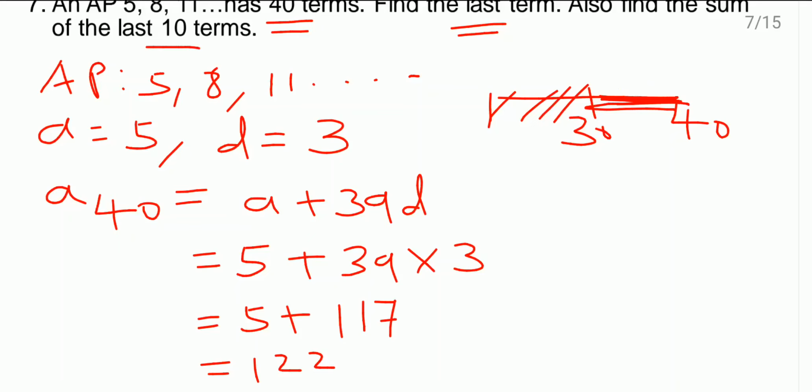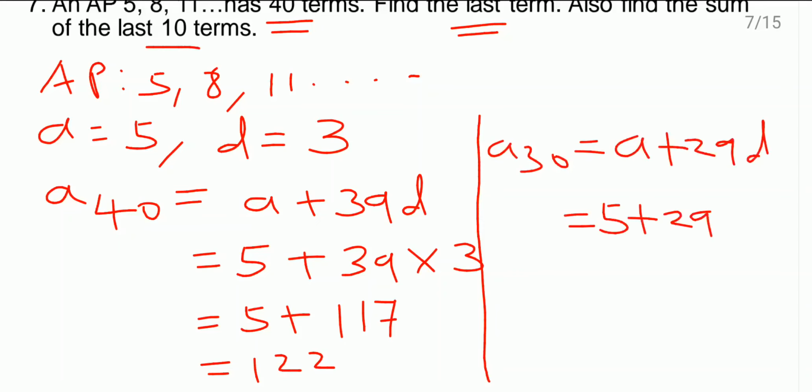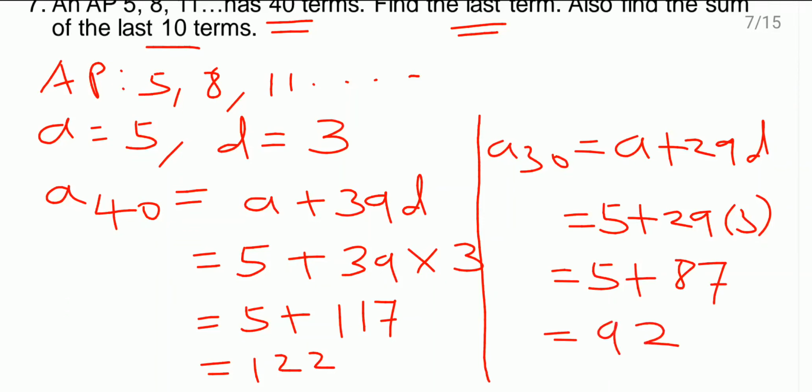Okay, I will go with this method. There are other methods also. Okay, so here I'll find out the 30th term also. So here I'll write down 30th term which is equal to A plus 29D. So A is 5, 29, D is 3 here. So this is 5 plus 29 3s are 87. So which comes as 92.